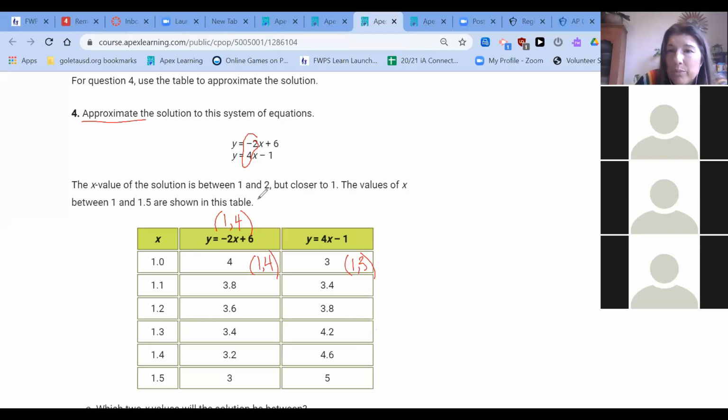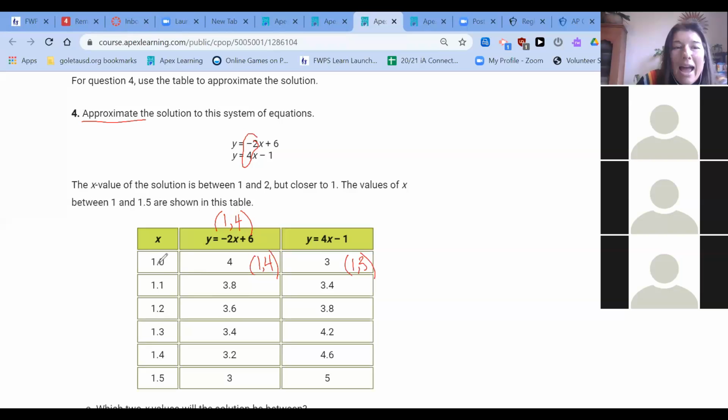Let's look at the slopes. The first one is decreasing over time. Notice it's going down 2 each time x increases. The bottom one is going up 4. So one is decreasing, one is increasing. What do you notice? Let's look at this top equation here, the first one.